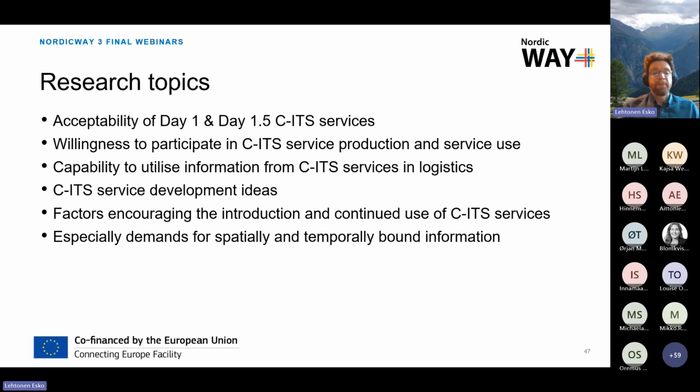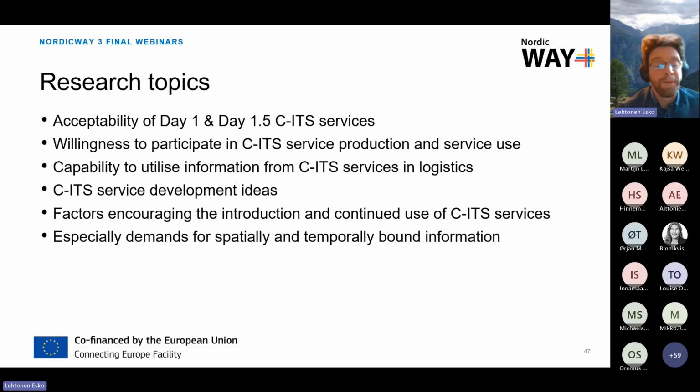Here we had some more specific research topics. So we wanted to investigate acceptability of Day 1 and Day 1.5 C-ITS services. We wanted to know willingness to participate in C-ITS service production and service use.